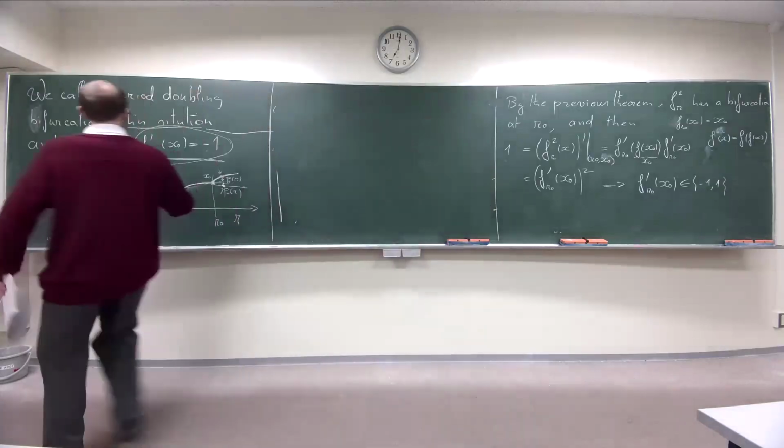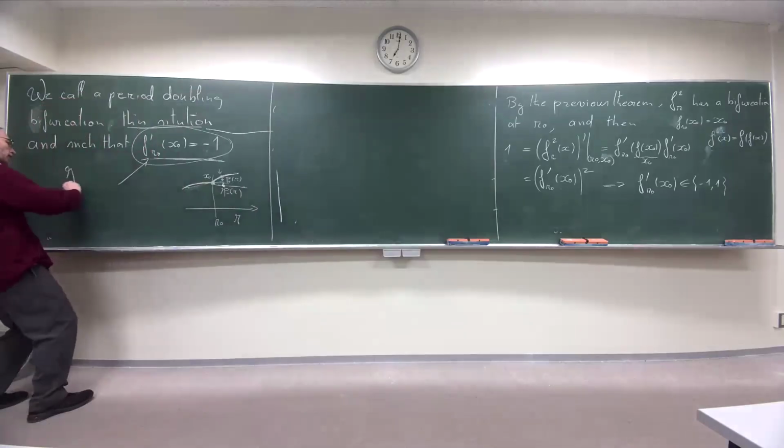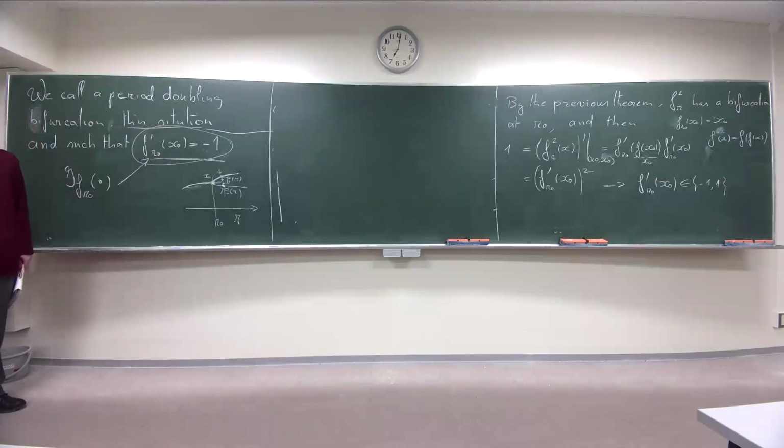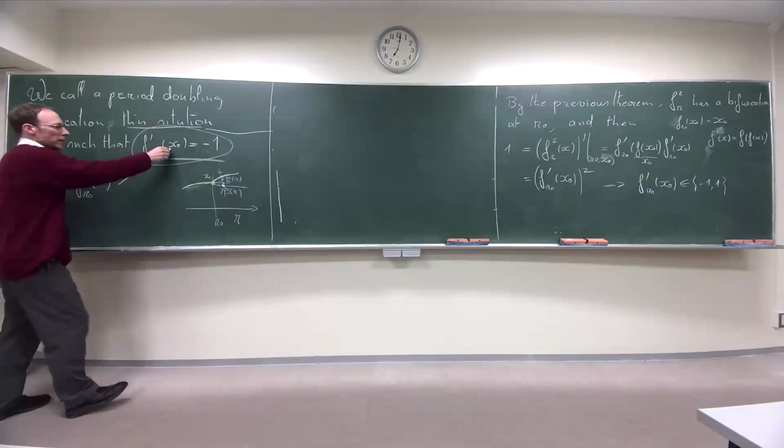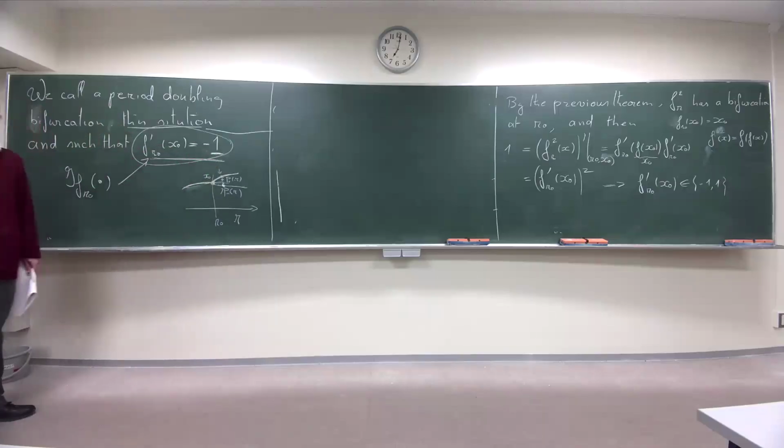But look, in one dimension, the derivative, if you have only one variable, is the Jacobian matrix. And it crosses the unit circle at R0, X0, because it takes the value -1. This is a point on the unit circle. So there is no contradiction with what I said last time, that we have a bifurcation when one eigenvalue of the Jacobian matrix crosses the unit circle. This is exactly the case here.